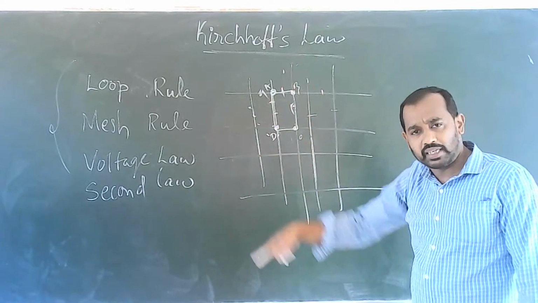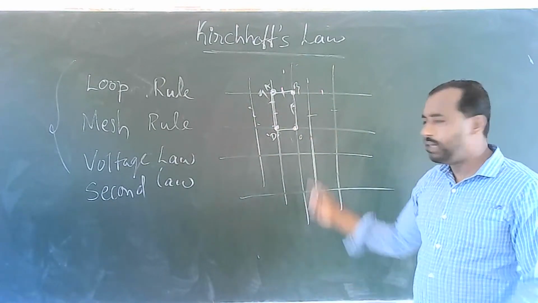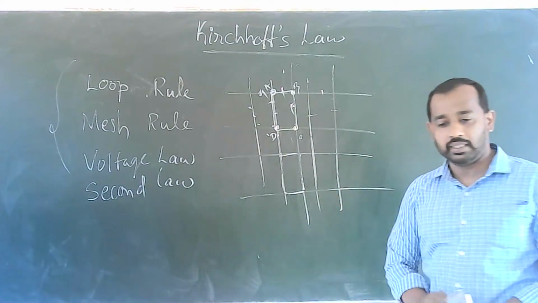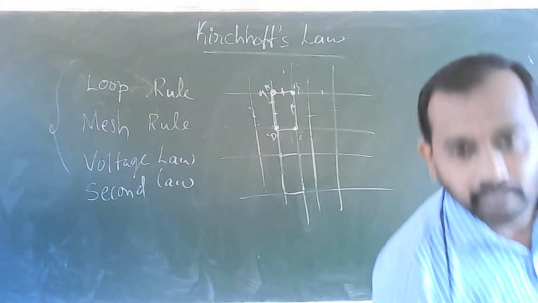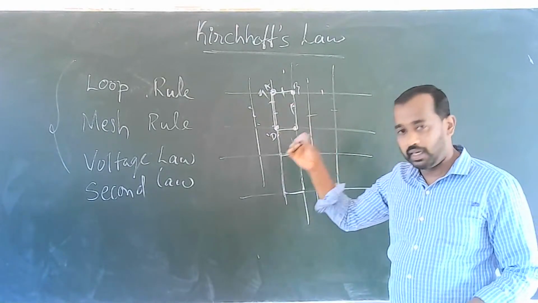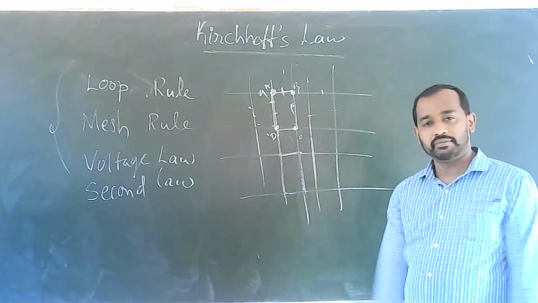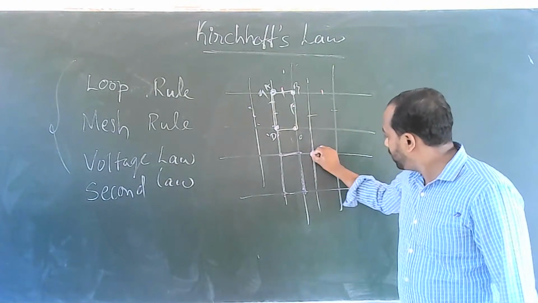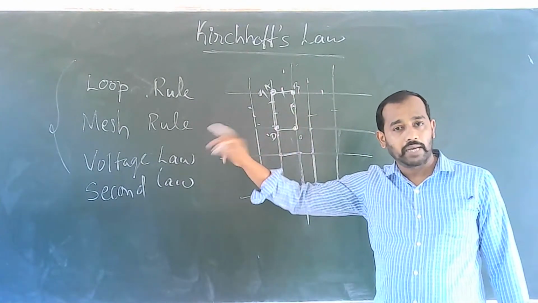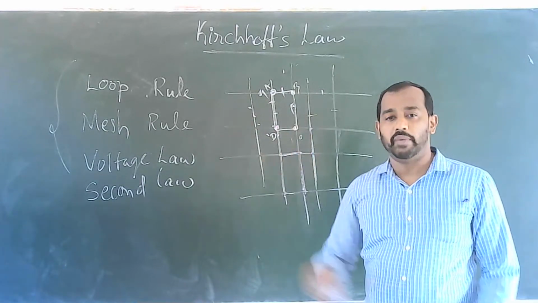It is one of the meshes in this large network. Similarly, we can find another loop somewhere here. This is another mesh. Are you able to see that? Let me change the color here. So another mesh like this, one more mesh like this. Now carefully observe. I will take one more mesh.